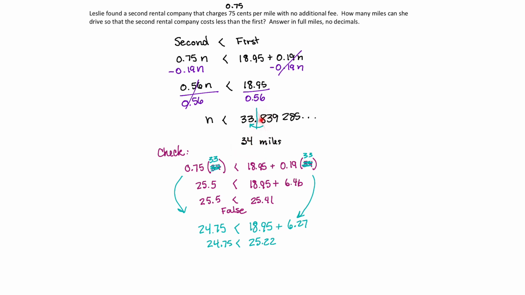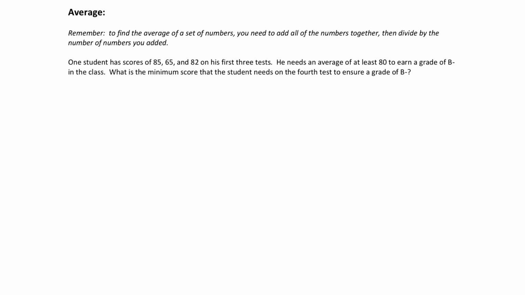This one should have rounded up and it should have been 34, but 34 didn't work. Okay, 33 did. So 33 miles is the answer. There are other types of problems that have that same situation happen, and I'll show you those when we get to them. I'll bring it up for certain. But for right now, let's try the next type.